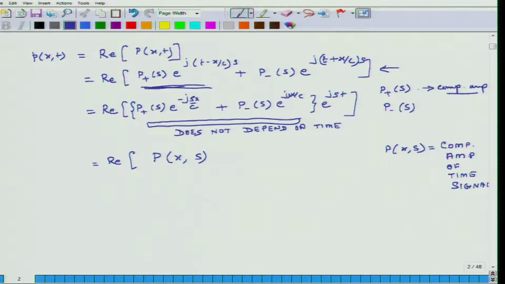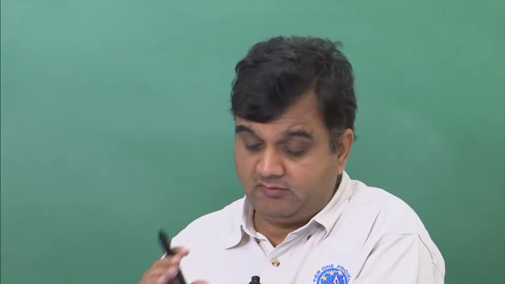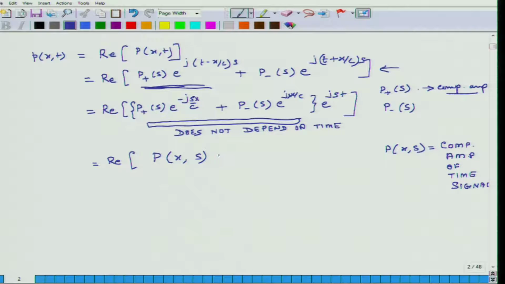Okay, so p plus of s was the complex amplitude of the forward traveling wave, but p of x and s is the complex amplitude of the time signal, and the value can change from one point to another. So this is the complex amplitude of the time signal, and then e to the power of j s t.